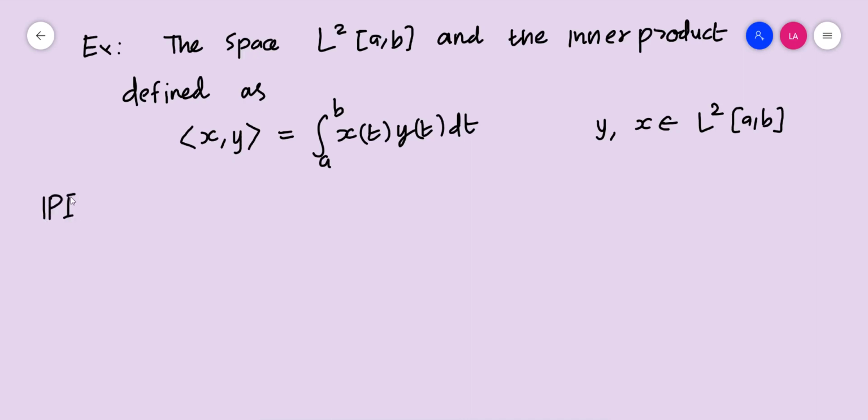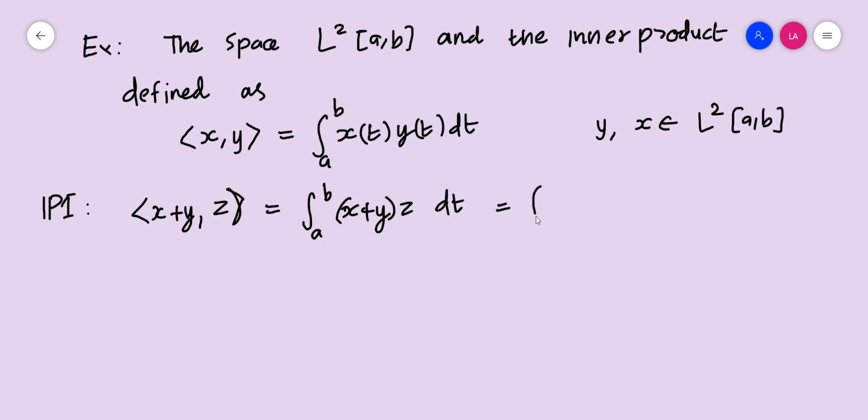The first property is inner product of x plus y comma z. By definition, it should be equal to integral a to b x plus y times z dt. That is integral a to b x of t plus y of t times z of t dt.